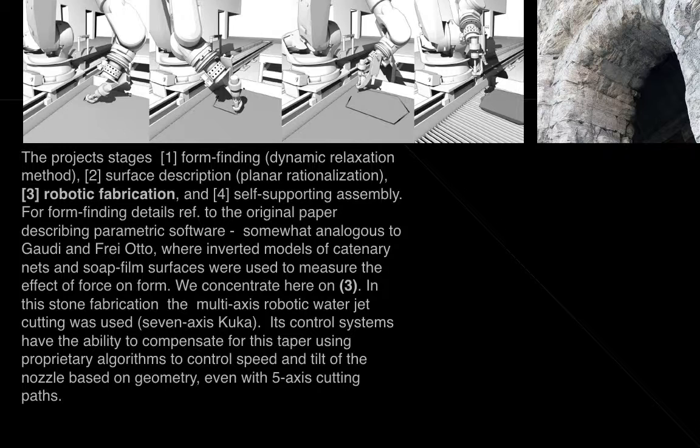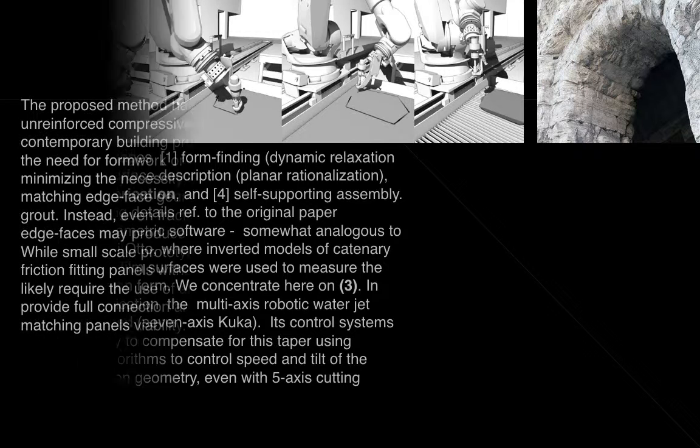Authors concentrated here in the stone fabrication on multi-axis robotic jet cutting, using a 7-axis KUKA arm. The control systems have ability to compensate for taper, and algorithm was used to control speed and tilting of the nozzle, and in a 5-axis cutting path.